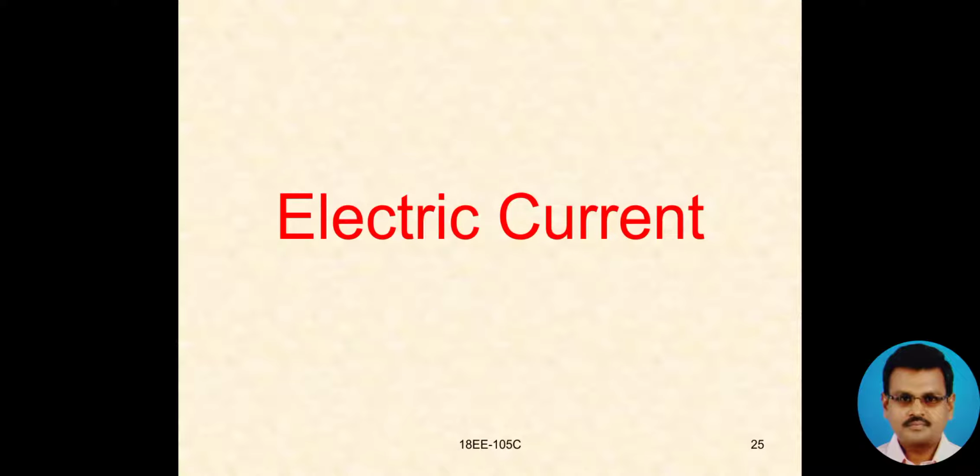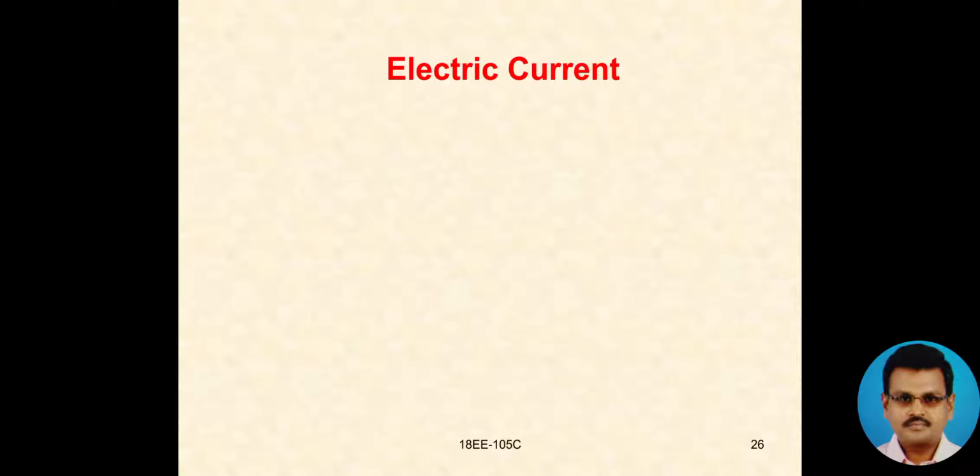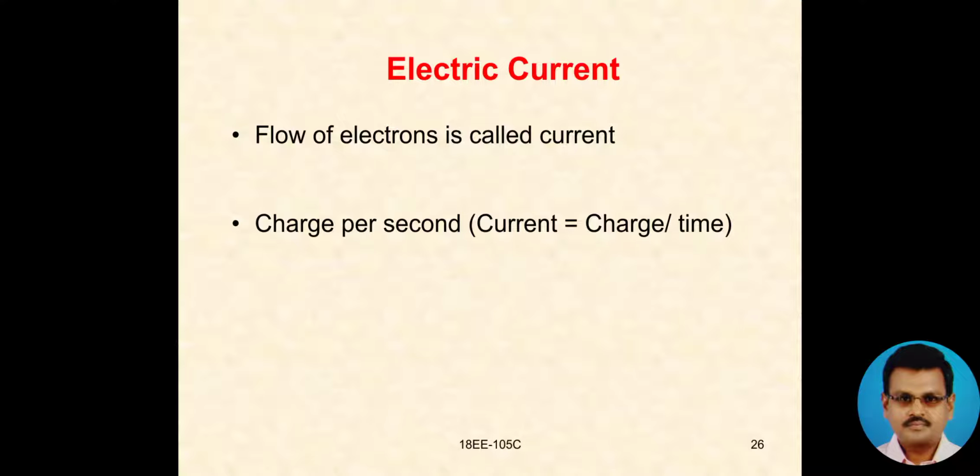Electric current. Now let me explain what is electric current. We can define the electric current as the flow of free electrons. Flow of free electrons constitutes the current in the conductor.